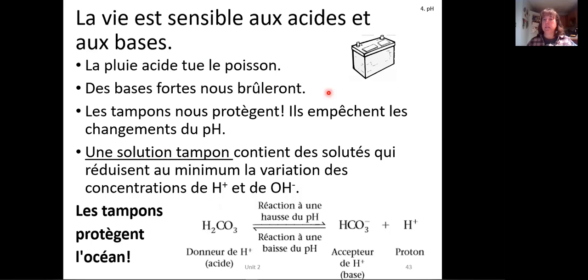Life is sensitive to acids and bases. Acid rain kills fish, but a strong base will also burn us. So if you put soap into a river, it will kill the fish. However, buffers protect us. They prevent changes in pH.